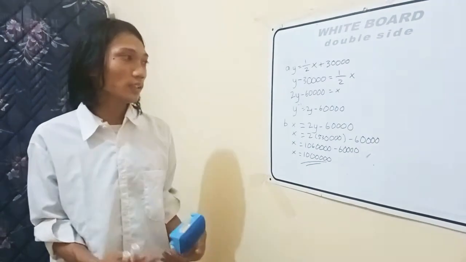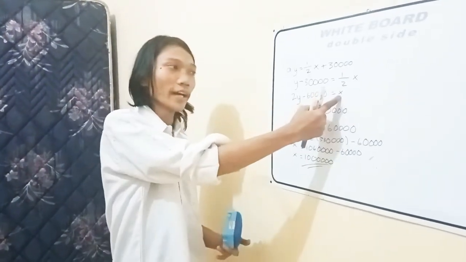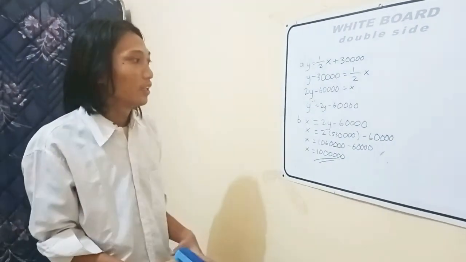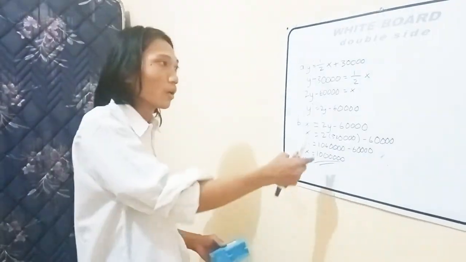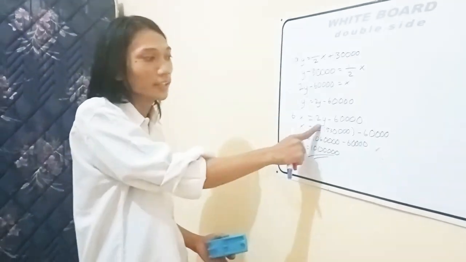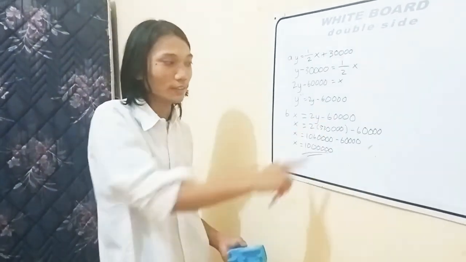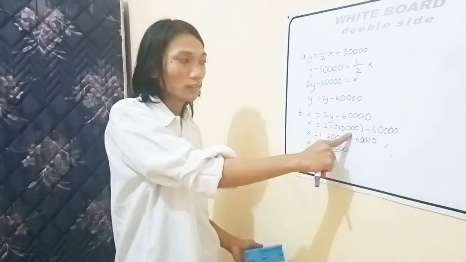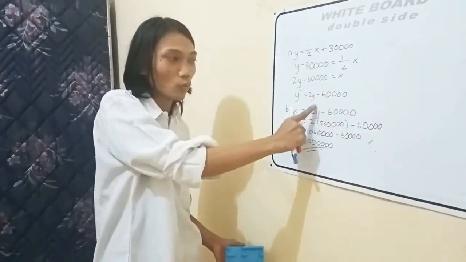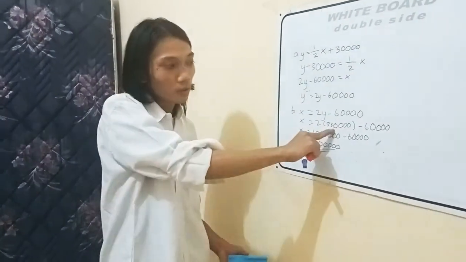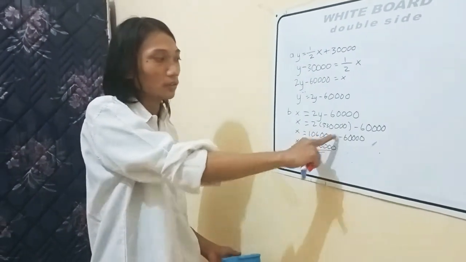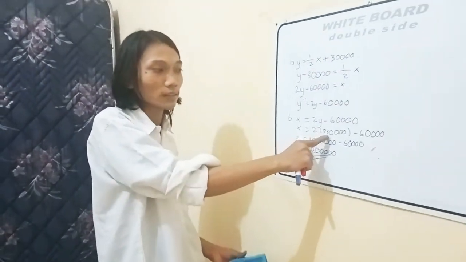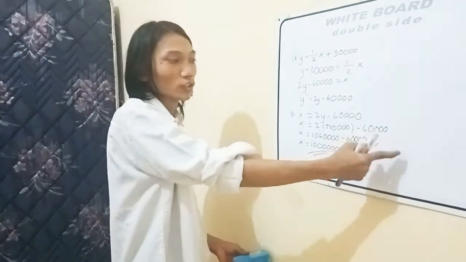The basic salary is equal to x, and because x is equal to y inverse, we just substitute the bonus y into this equation. The bonus is 530,000, so we get x is equal to 2 times 530,000 minus 60,000.